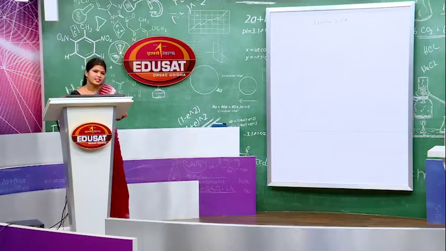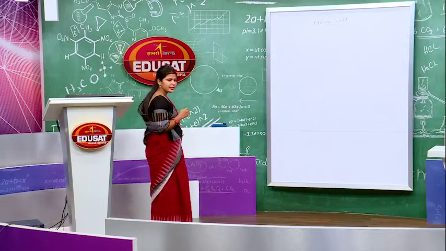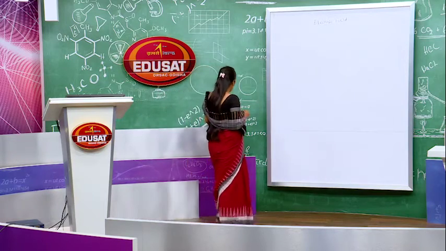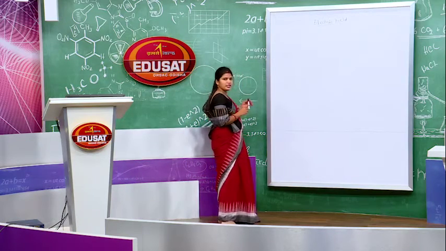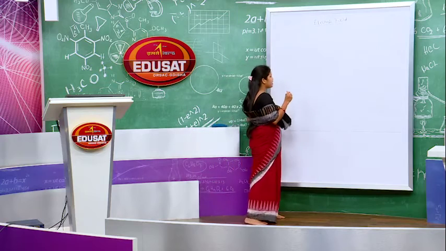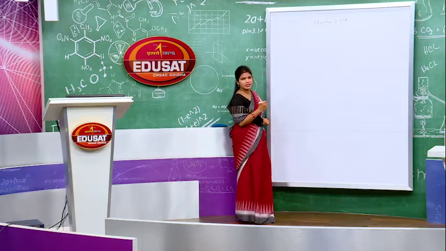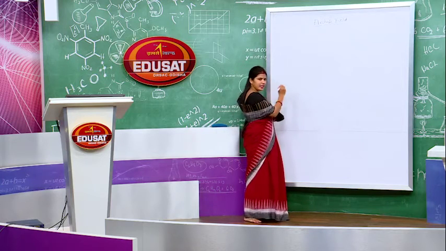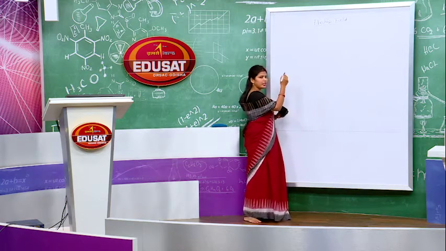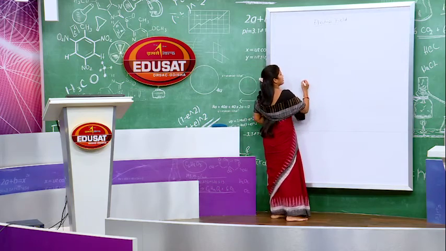Now, let us see how to find the electric field intensity on the axial line of an electric dipole. See, what is the direction of electric field intensity on the axial line and on the equatorial line? Let us see.